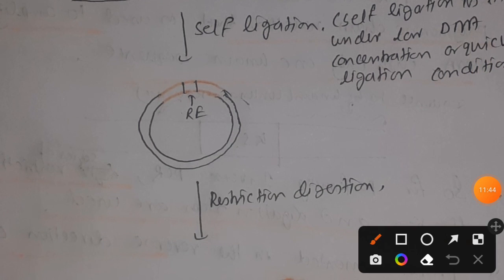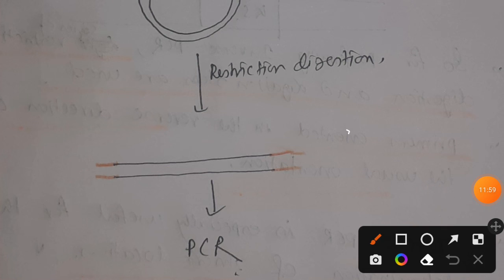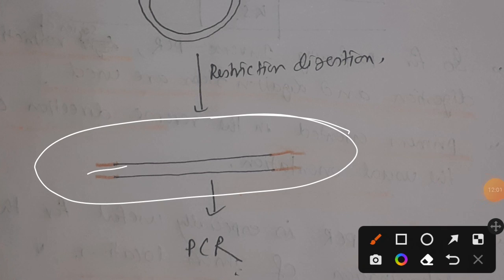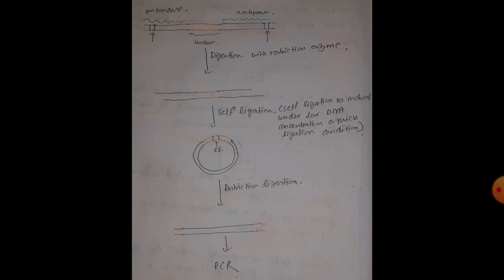Then after self ligation we will perform restriction digestion again, that will digest the known sequence, and here the preferred cutter will be the blunt end cutter, and then we will get our preferred orientation of the DNA, with the help of which we can perform the normal PCR technique and get our desired result. So that is the concept of inverse PCR.